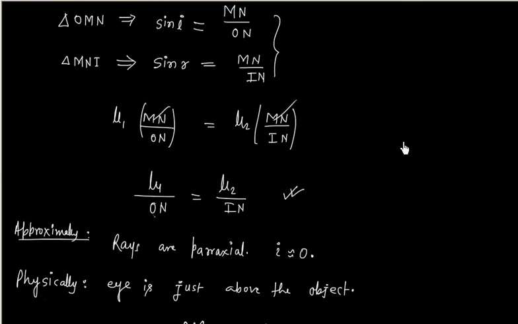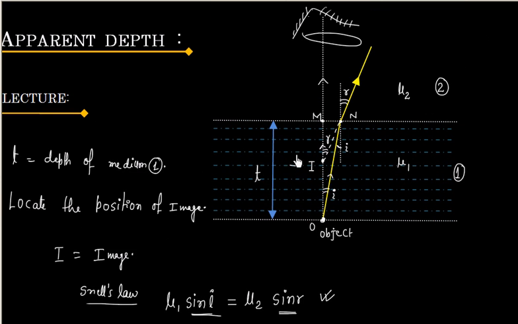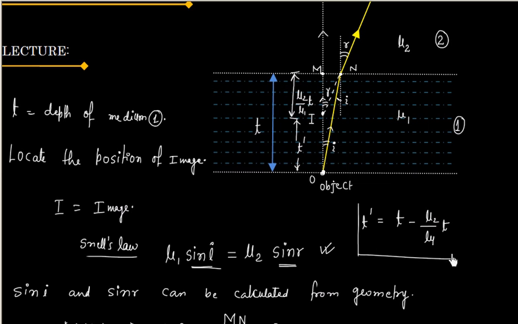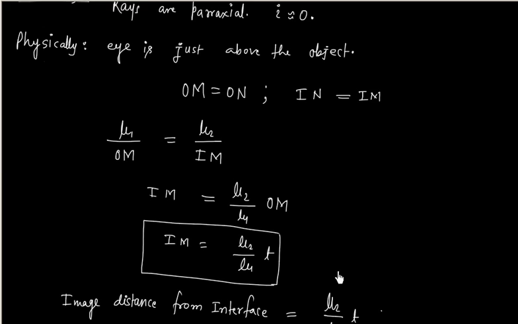So we have the image distance from the interface, mu2 by mu1 into t. Now we can calculate the shift. Let us call this shift t dash. So t dash is equal to t minus mu2 by mu1 into t. This is called the apparent shift.